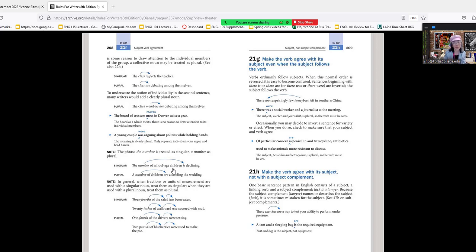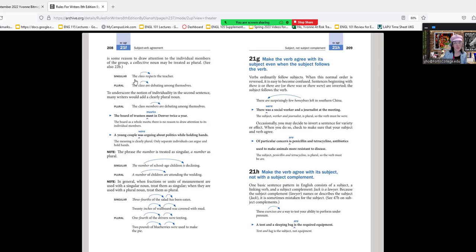Of course when people are speaking, they usually take out the word members and just say the family have problems. So when you say the family have problems, you are treating the collective noun family as each and every one of the members.